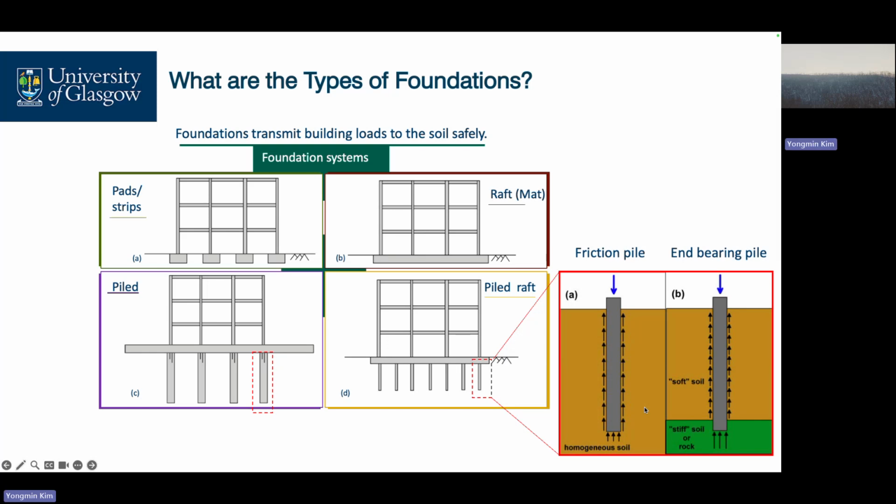These gray things are our single piles that support these vertical loads. When you look at the pile foundation system, we have skin friction and end-bearing pressures. And when you see the bottom of the soil, you have stiff soil or rock materials. This pile carries even higher loads.